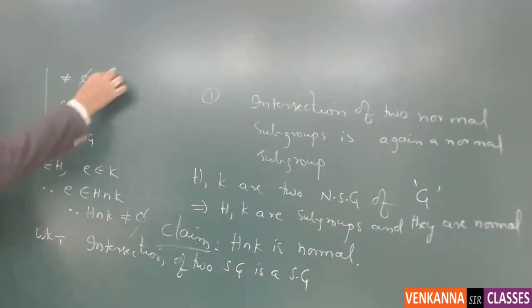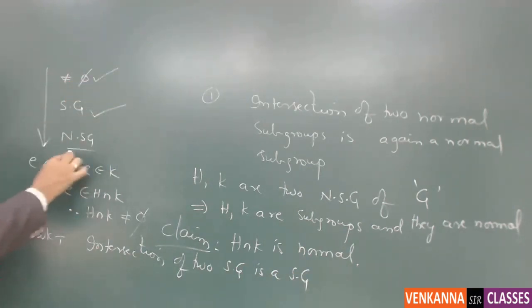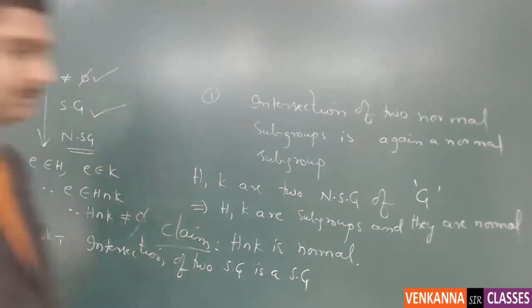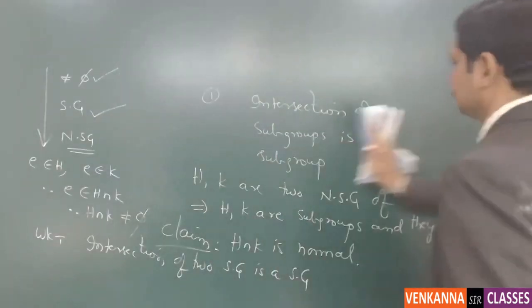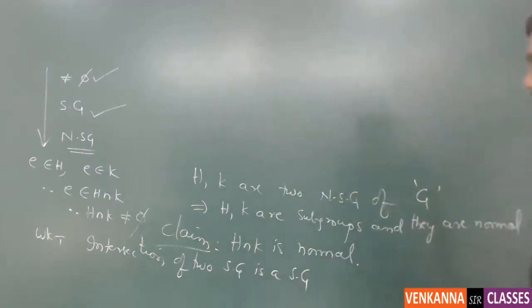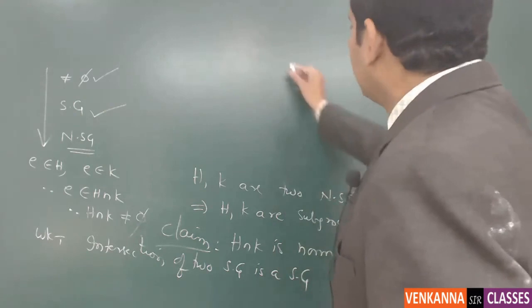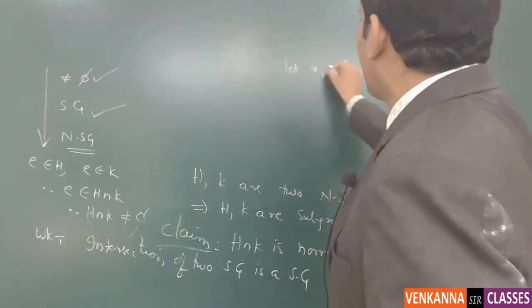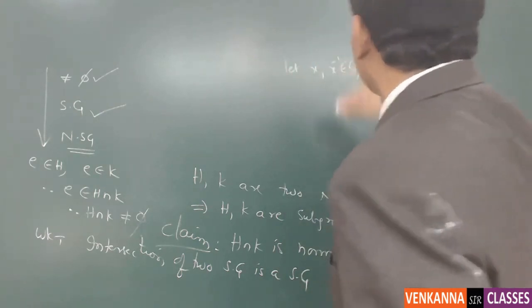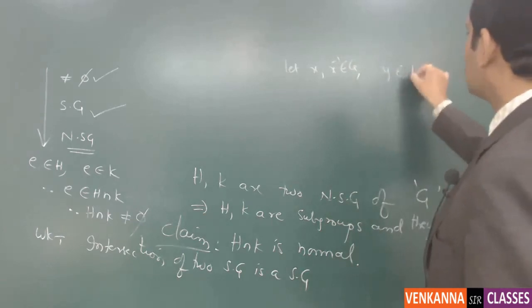So the first part is clear, the second part is clear. We have to go for the third part. So let us go for it. Let x, x inverse belong to G, let y belong to H intersection K.